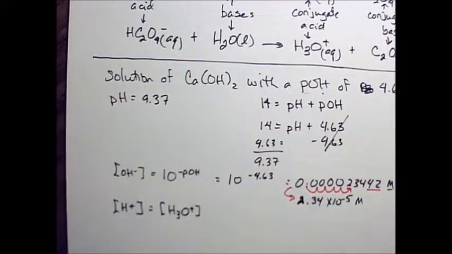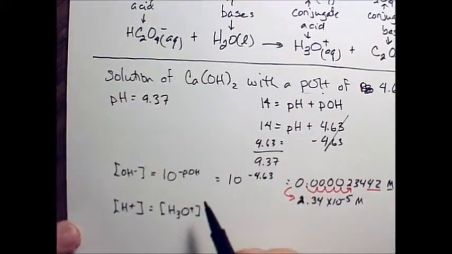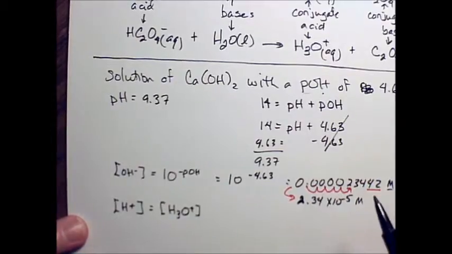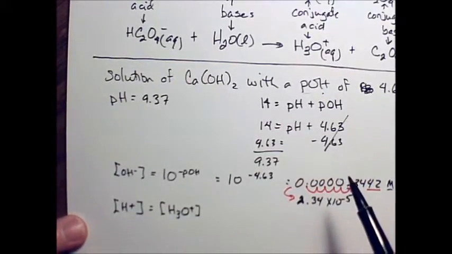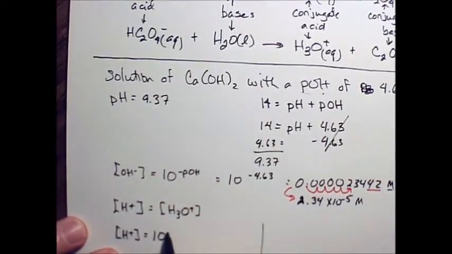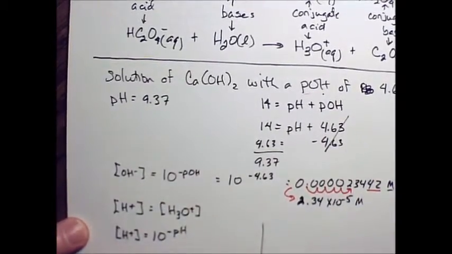Then we're going to use the equation where I can do this one of two ways, actually. I've already got the pH, so I can find the hydrogen ion concentration using pH. The hydrogen ion concentration is equal to 10 to the negative pH.